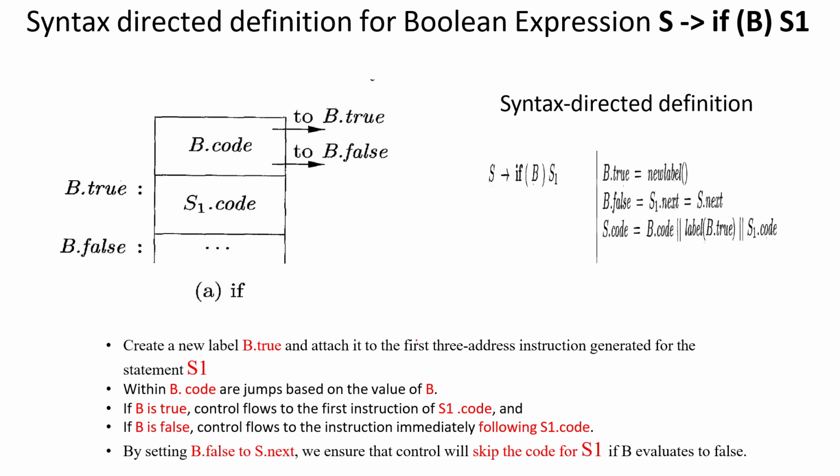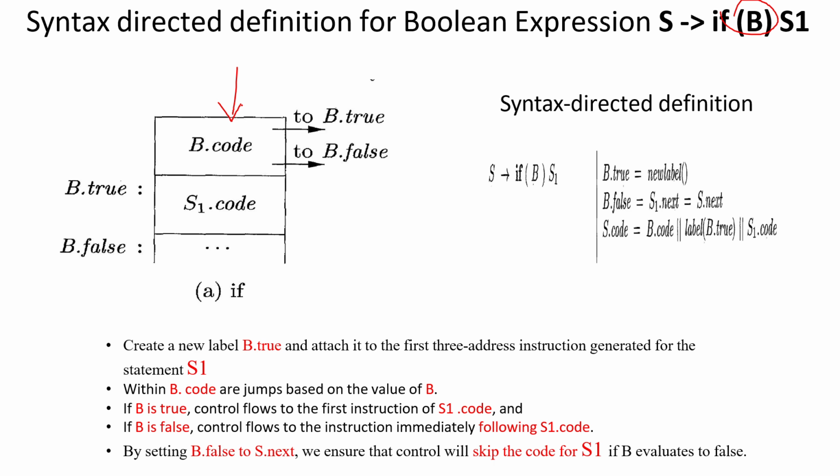So this is a diagram. In this diagram, first we evaluate the B dot code. So B dot code is evaluated. There are two conditions when we evaluate. Either the Boolean condition may be true or the Boolean condition may be false.